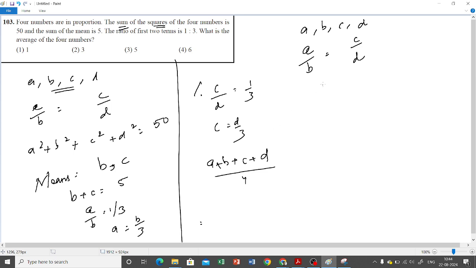Okay, now if I take this equation, so what is a? A is b by 3, so a square is going to be b square by 9 plus b square. C is going to be d by 3.